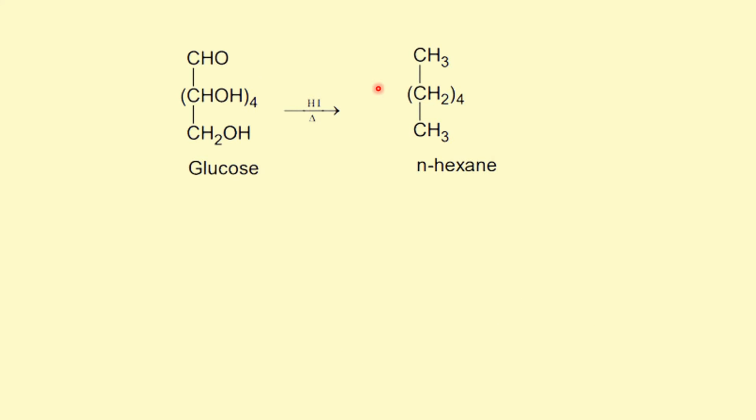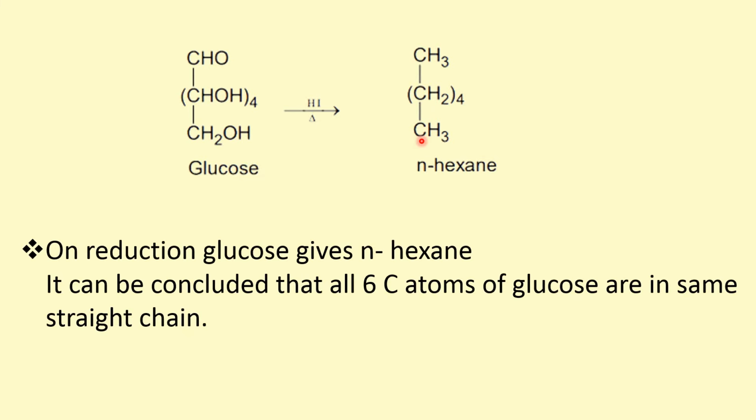Now, when glucose is reduced with hydrogen iodide, the product is n-hexane. In n-hexane, a normal hexane molecule, all 6 carbon atoms are in the same straight chain. That means in glucose also all 6 carbon atoms are in the same straight chain.